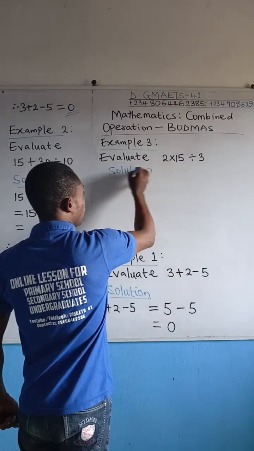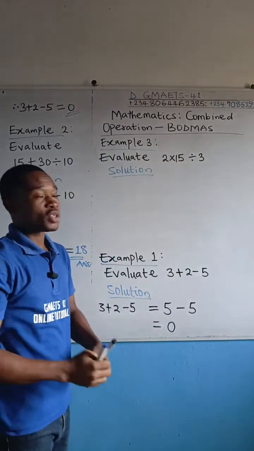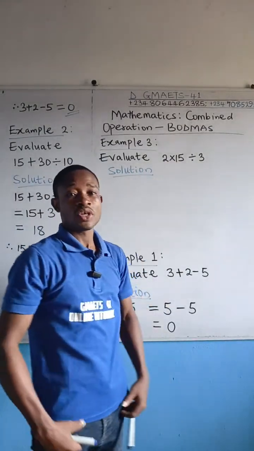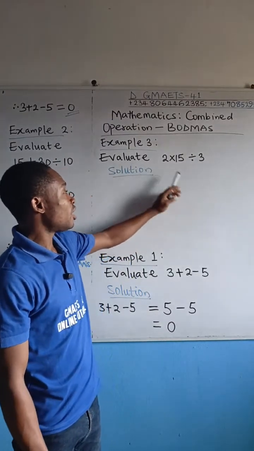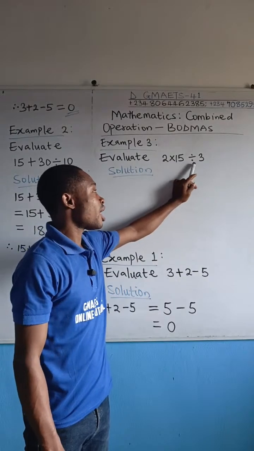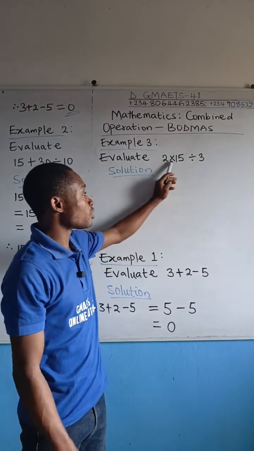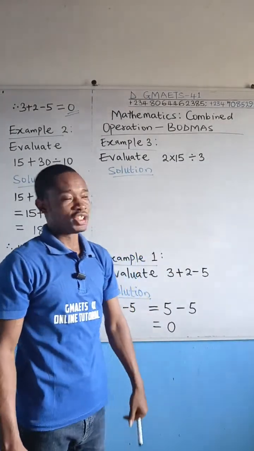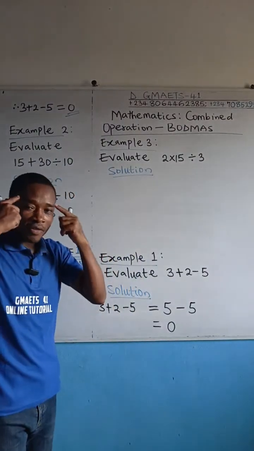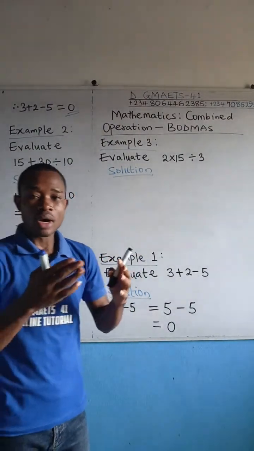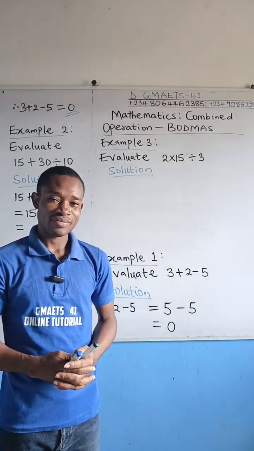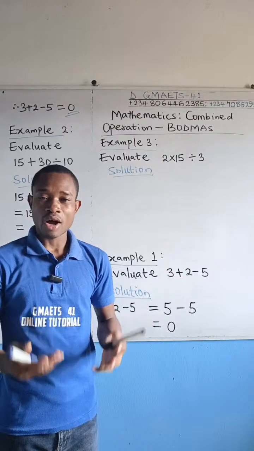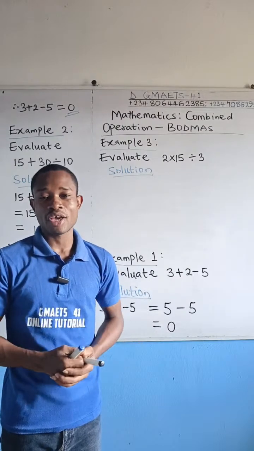So how do we solve this? Again, you ask yourself, what are the operations we have here? The operations we have here are times and divide, that is multiplication and division. So you quickly think of your BODMAS. Multiplication and division, which one comes first? Division comes before multiplication.